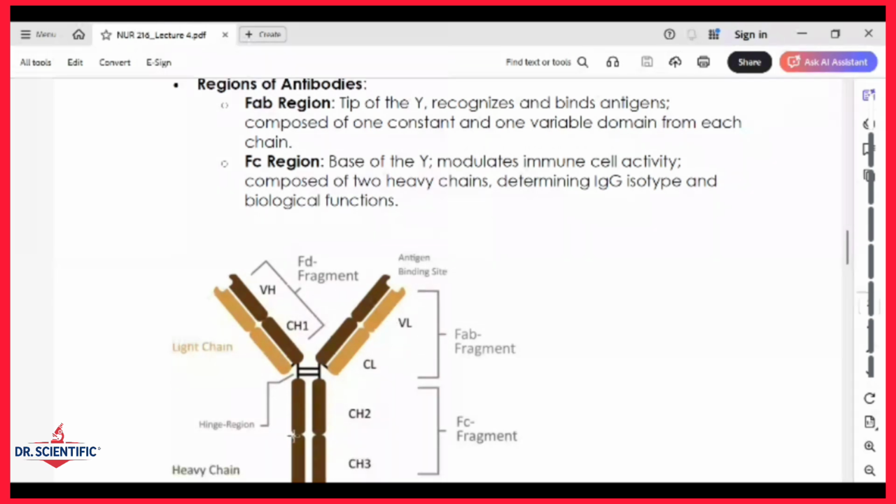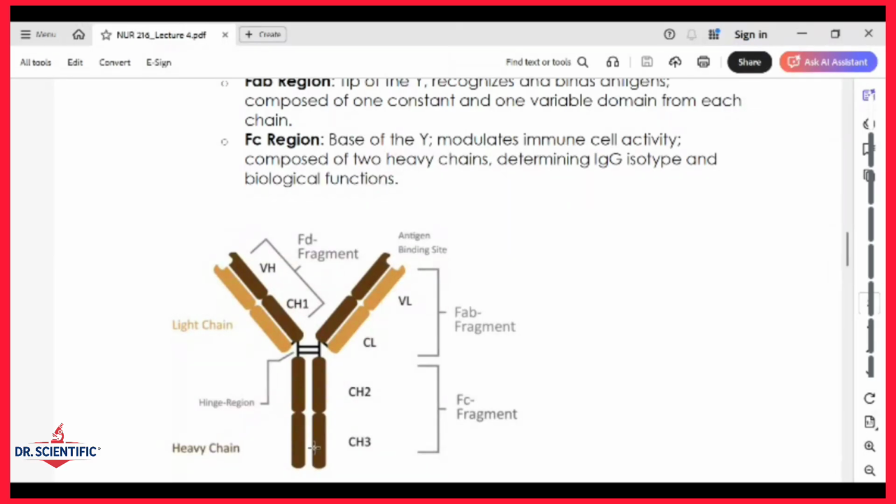The Fc region only contains the heavy chains. So the Fab region contains both the heavy chain and the light chain. The heavy chain would have the variable domain, as well as the light chain. Still on the Fab, we have a constant domain.